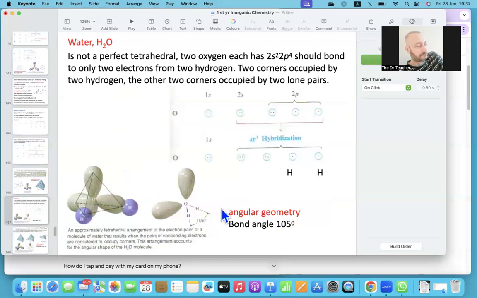So we cannot say it's a tetrahedral. It should be called angular, as it is not a perfect tetrahedral. So two corners are occupied by 2 hydrogens. The hybridization here is sp3. There are 2 electrons in s and 2 electrons in p, and the bonding p orbitals are responsible for bonding with two hydrogens as single electrons, two single bonds.